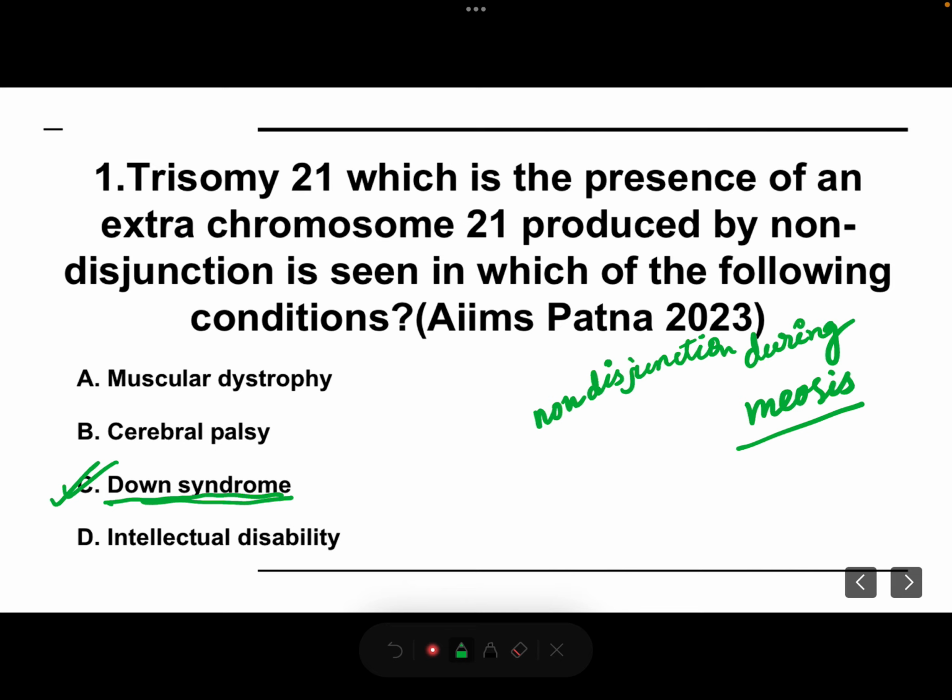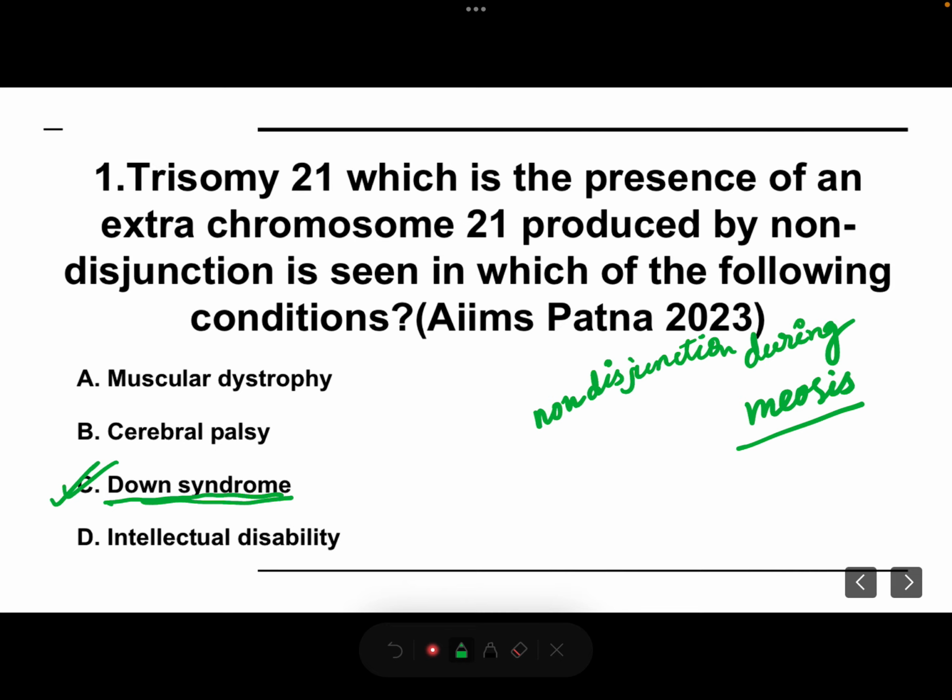It's a genetic mutation in dystrophin or related protein. In cerebral palsy, it is a non-progressive motor disorder from perinatal brain injury.